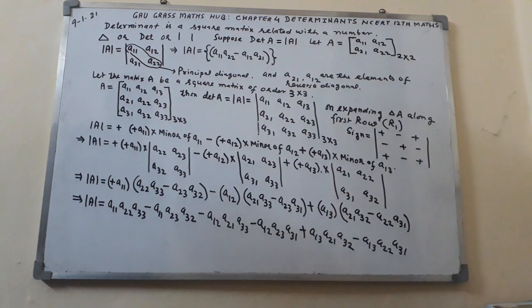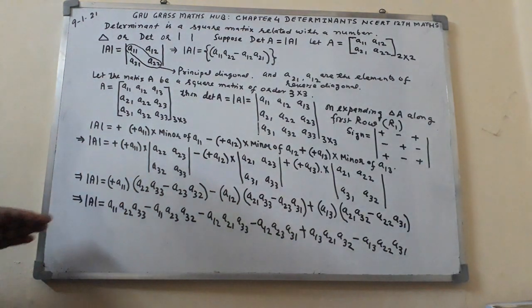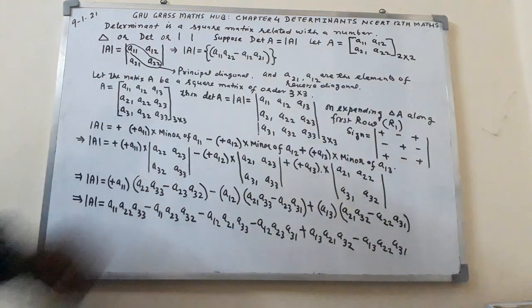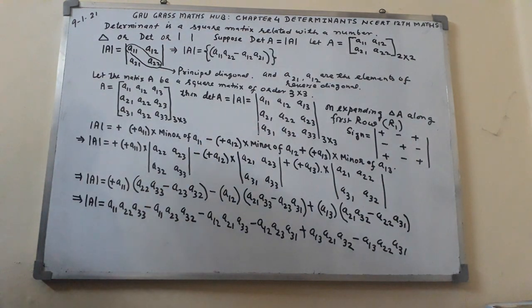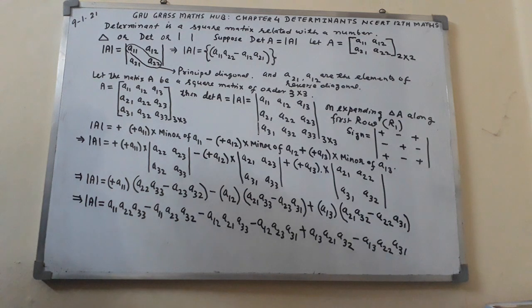This one we have got here. The value of det A here on calculation, we shall get a number, and this is a value of determinant det A, and we have got this value from square matrix.